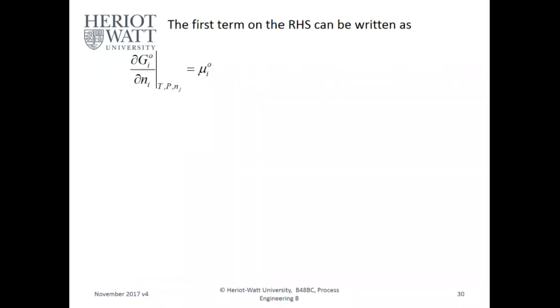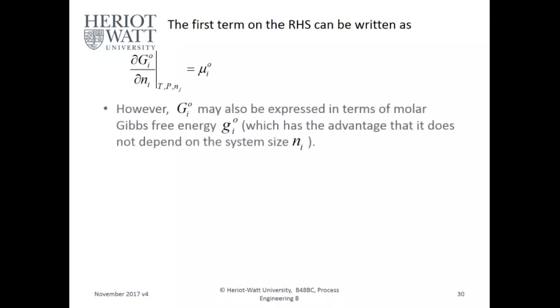The first term on the right-hand side can be written as the infinitesimal change in G over the infinitesimal change in Ni at a specific temperature and pressure and changing Ni. And GI0, your initial GI, may also be expressed in terms of molar Gibbs free energy, so for specific moles rather than the whole system, which has the advantage that it does not depend on the system size Ni, because it already takes into account effectively Ni.